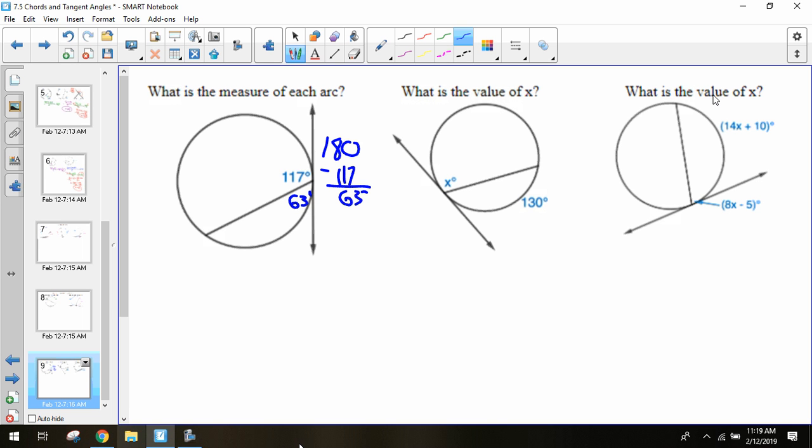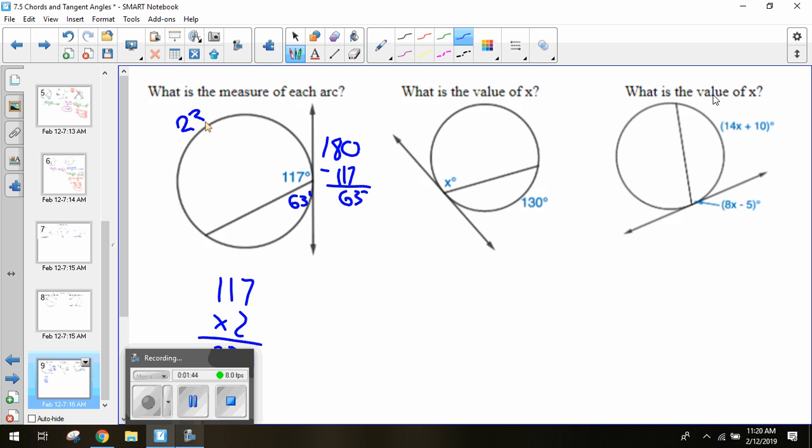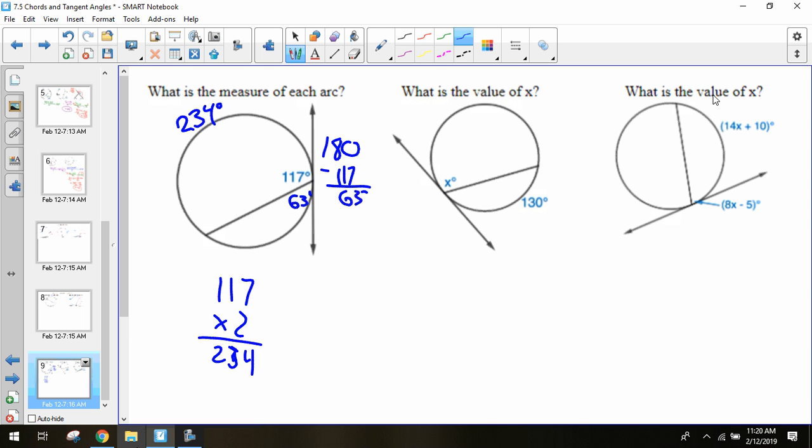How can we find the arcs? Multiply by 2. So 117 times 2 gives you 234. That's your first arc measure. How would you find the other one? 360 minus 234, or you can take 63 times 2.